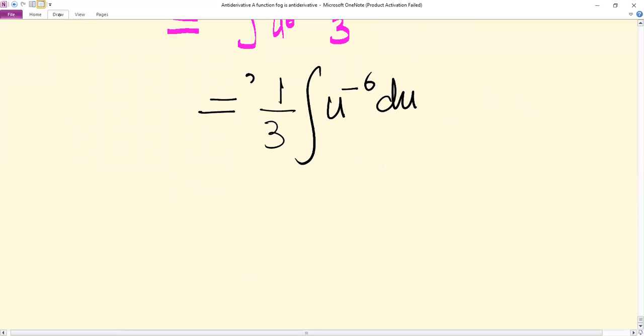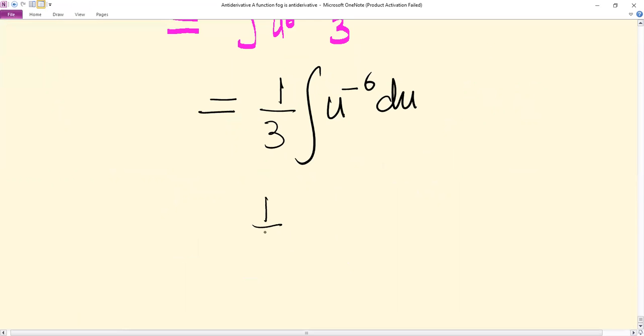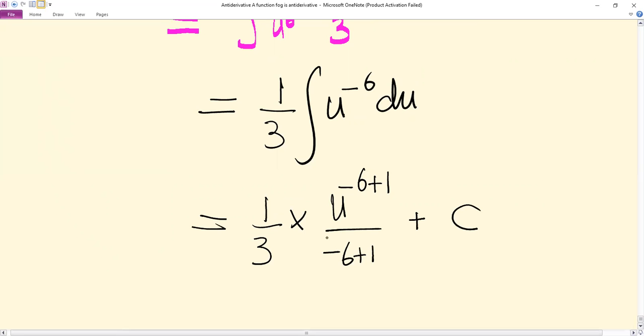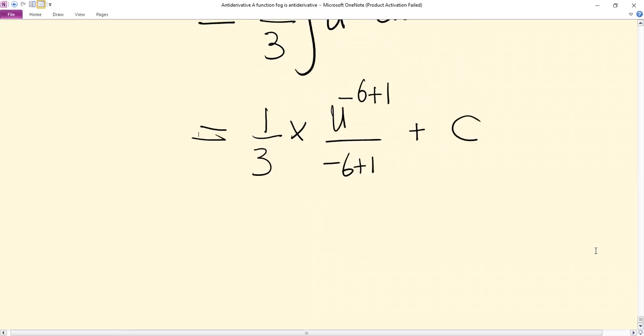So using power rule, this would be 1 over 3 times u raised power minus 6 plus 1 over minus 6 plus 1, plus constant of integration c. Minus 6 plus 1 is minus 5, times 3 is minus 15. So this is the same as minus 1 over 15 u raised power minus 5 then plus c.